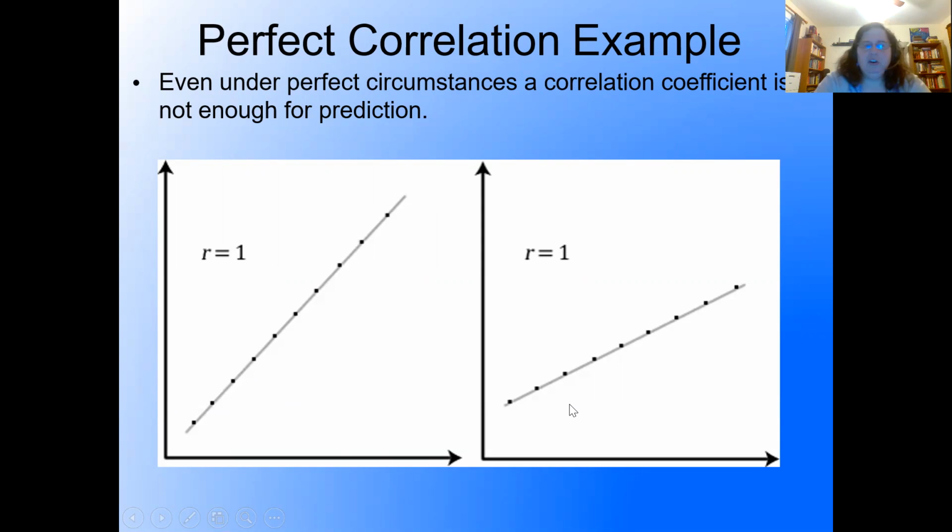Whereas over here, it's not quite the same angle. So here, maybe a person who has a 4 on the x-axis only has a 3 on the y-axis. So even though they're both perfect, they would give you different answers in terms of prediction. So correlation's just not enough for prediction. We need that regression.